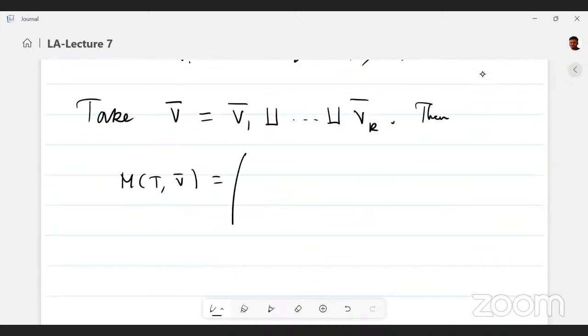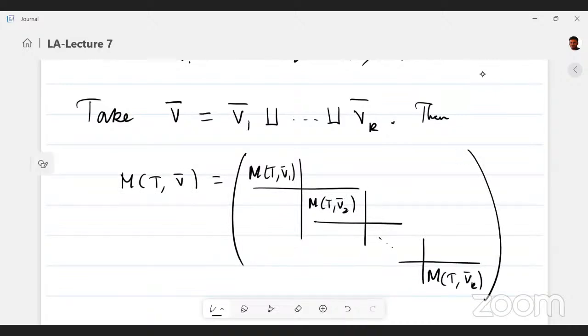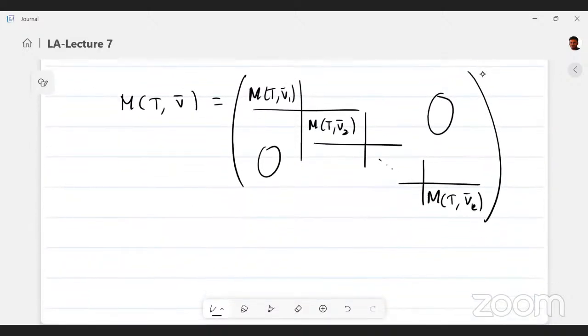This is very explicitly given by: first you take the matrix of T with respect to V1 bar, then the matrix of T with respect to V2 bar, and so on, and then the matrix of T with respect to Vk bar. All other entries are 0. So this matrix of T with respect to V bar looks like a block diagonal matrix.